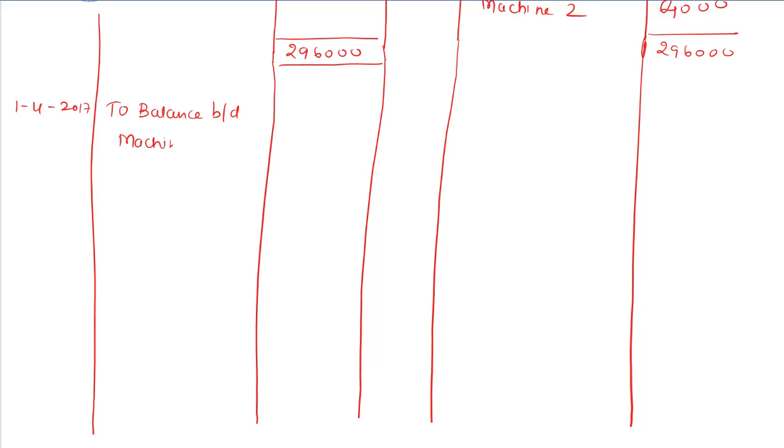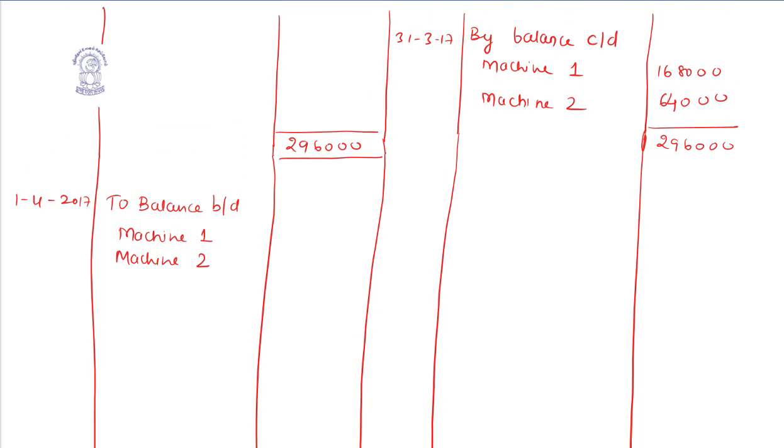Two balance brought down, machine 1 and machine 2. Machine 1 is 1,68,000. Machine 2 is 64,000.